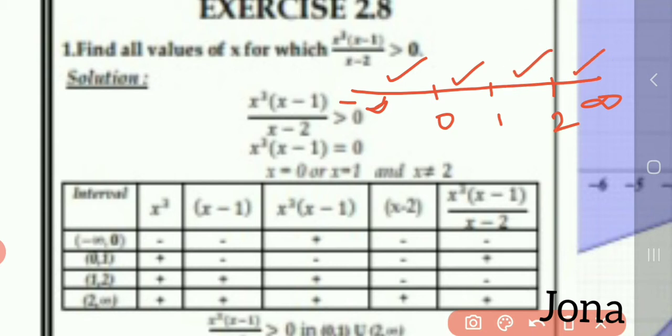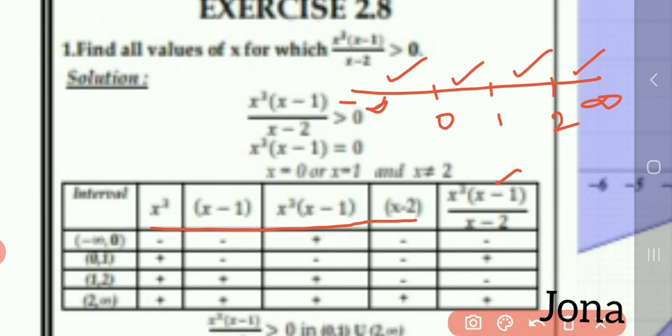I got 4 intervals. Here I want to see each and every factor of the given inequality, that means whether it is positive or negative, and then finally I want to get the value of the whole inequality, whether it is positive or negative.